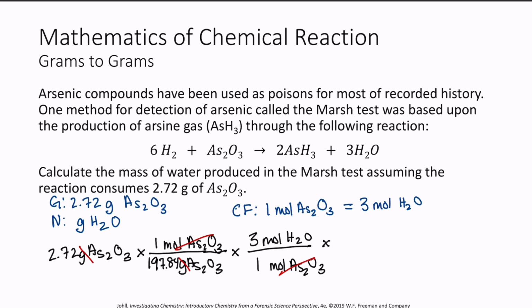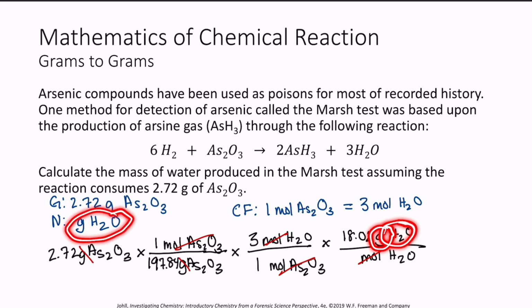So I'm going to calculate the molar mass of water, 18.02 grams of water per mole. And notice our moles of water cancel out, and I am left with grams of water, which is good because that is what my need is.